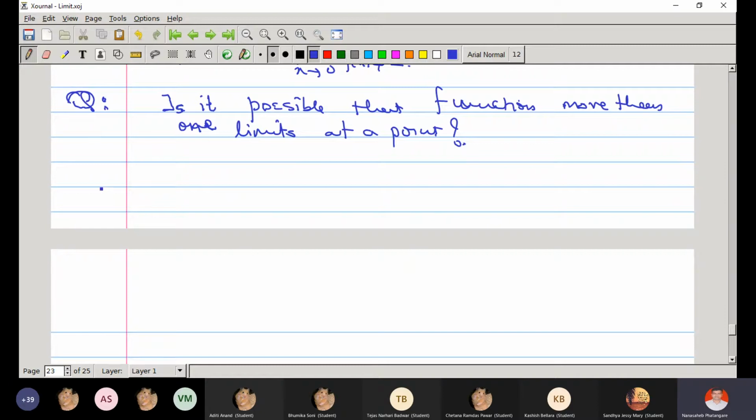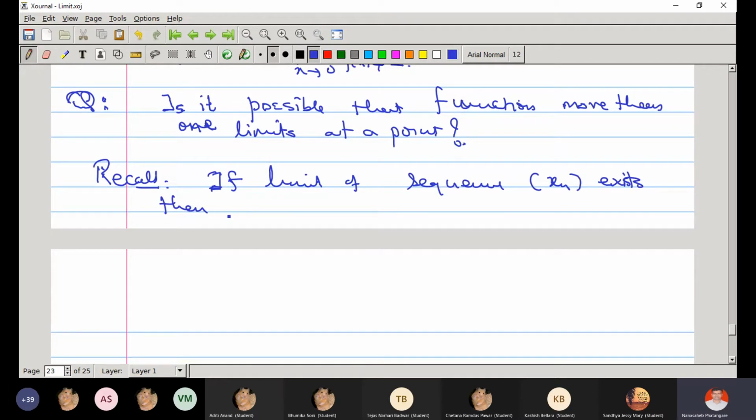So it is similar to the sequences. What is the sequence limit of sequence? If limit of sequence xn exists, then it is unique.